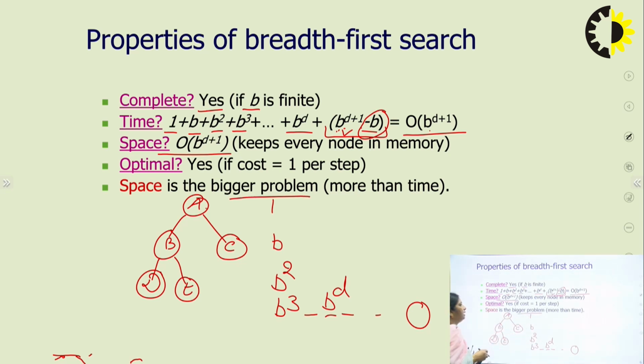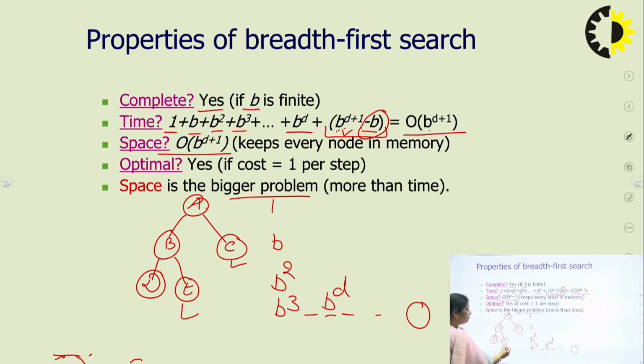Okay, and is it optimal? Yes, breadth first search is optimal, because if there are two goal nodes given, and D is the depth of the shallowest node, then it will reach the node which is at the shallowest depth, that is D, because it is checking level wise. If one goal node is at C, it will reach C first.